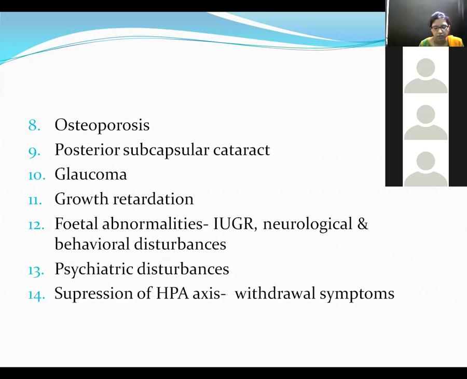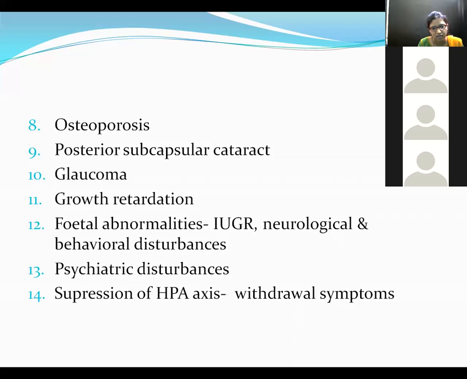If you give external glucocorticoid to that person, that triggers a signal to the hypothalamus. The hypothalamus gives a suppressive signal to the pituitary gland, and the pituitary gland again gives a suppressive signal to the adrenal cortex. So overall synthesis of glucocorticoid by the adrenal gland is suppressed. So the body stops synthesizing its own glucocorticoid. It becomes dependent on external glucocorticoid. That is suppression of the hypothalamo-pituitary axis.